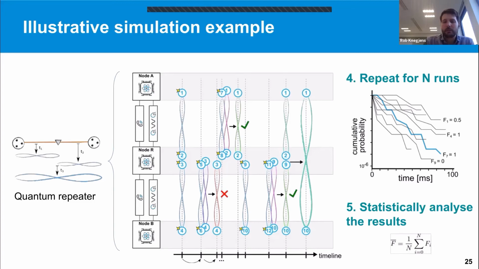So one simulation run follows one path in probability space. And to say something about the performance of the network, you want to do that many times and then statistically analyze the outcome for all the different paths you've explored. So to be able to say something about the average fidelity your repeater can produce, or the rate at which it can produce it.